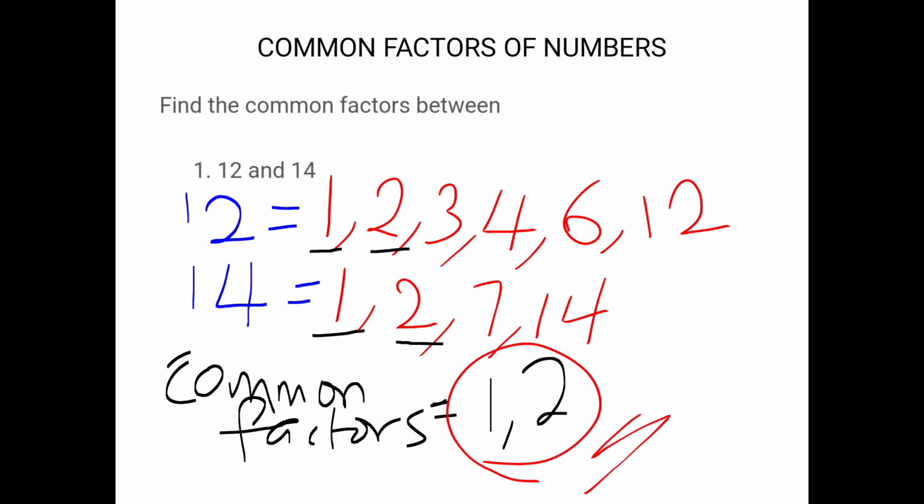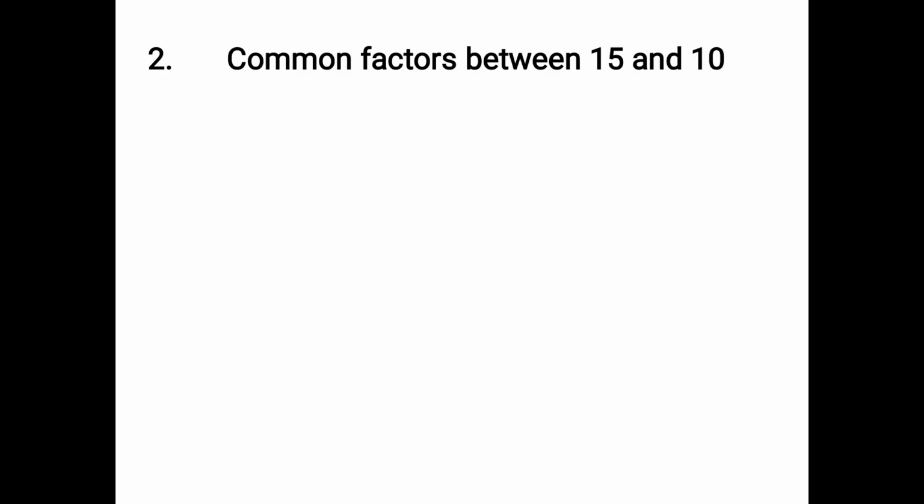So easy, right? Good. So now we are also to find common factors between 15 and 10. Do you remember how we did the previous one? Very good. So now let's continue the same method. We have 15 and we have 10. So now let's list out the factors of 15 first, and then we come back to 10.